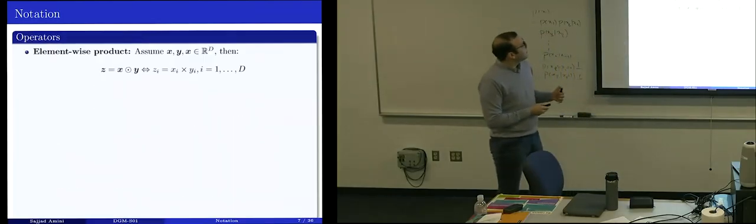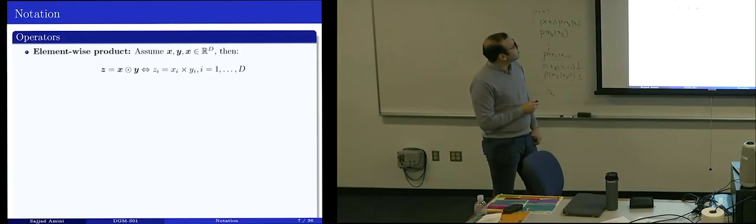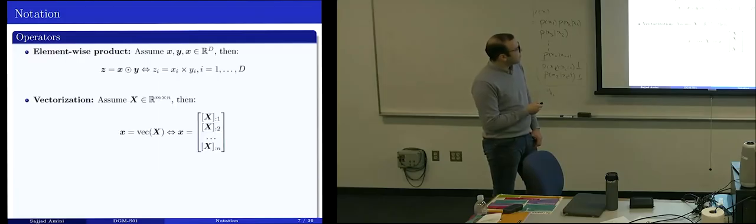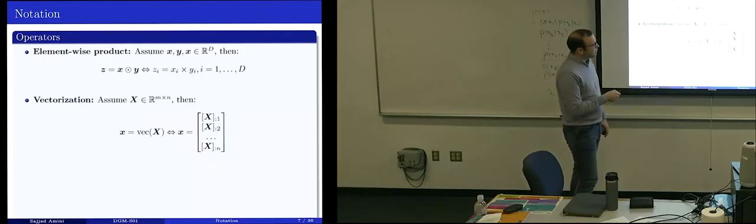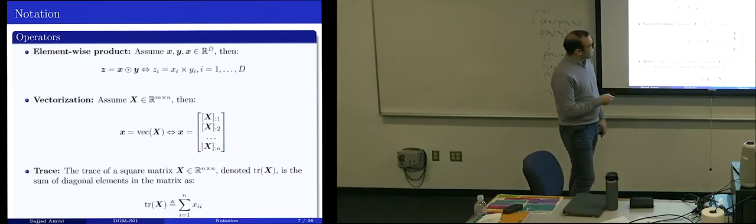Okay. About the operators, all the operators are known to you, I think, but just one operator which is different is the element-wise product that I show by this sign. And as you know, it is an element-wise product. It's very simple. The vectorization operator converts a matrix into a vector.